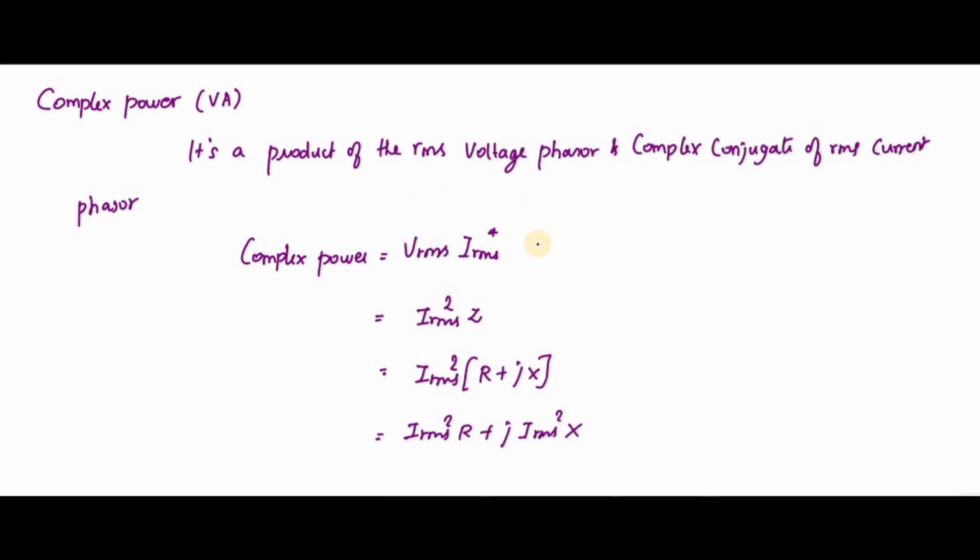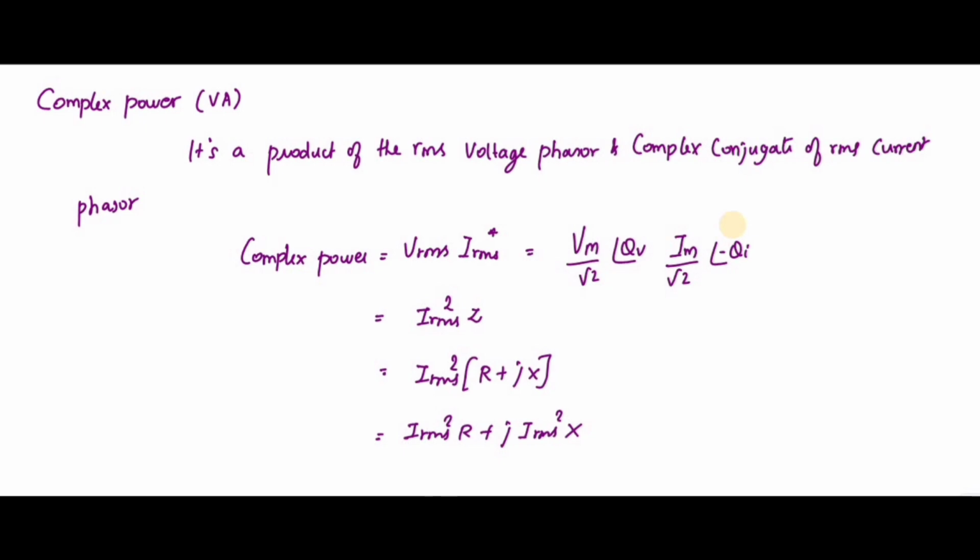Okay. So this VRMS is nothing but Vm divided by root 2 into angle del V, right? And this one is Im divided by root 2 into angle minus del I, right?